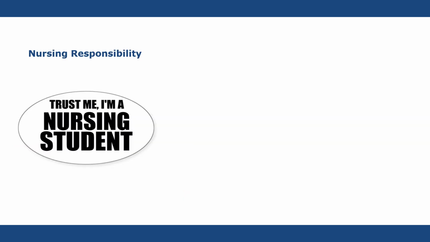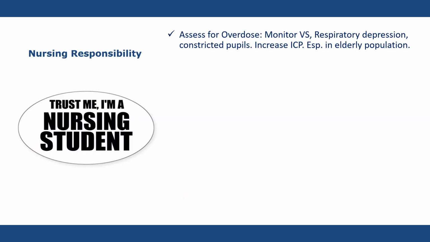So your role as a clinician to manage someone's pain is to do ongoing assessment of the effectiveness of the medication and possible side effects of the drugs that they're taking. The most common thing that can happen to these patients is respiratory depression, especially in the elderly population, or somebody who's naive to these medications.